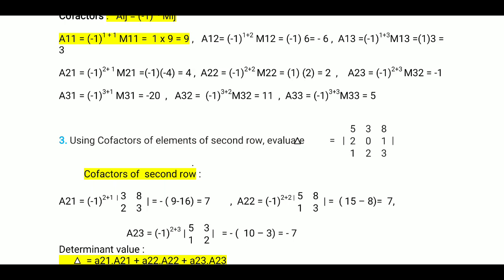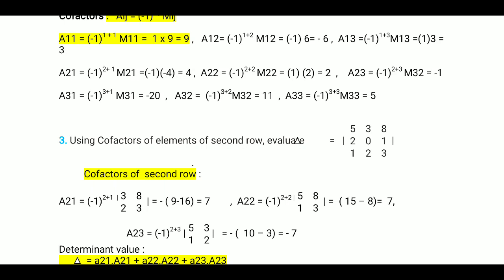This small determinant is found by cross multiplying. Minus 1 power 3 gives minus, and 3 times 3 is 9, minus 2 times 8 is 16. So 9 minus 16 is minus 7, and minus times minus 7 gives 7.